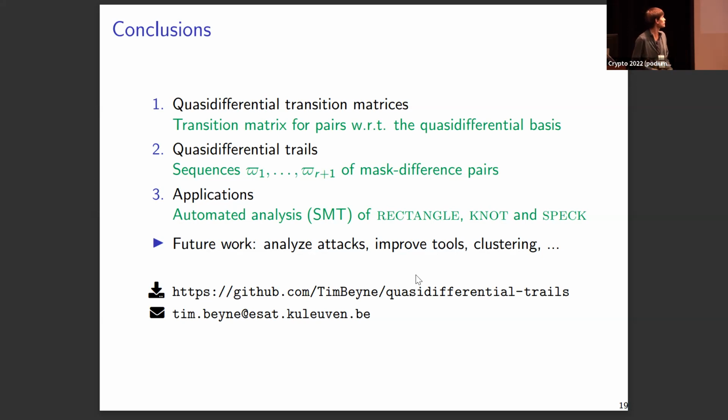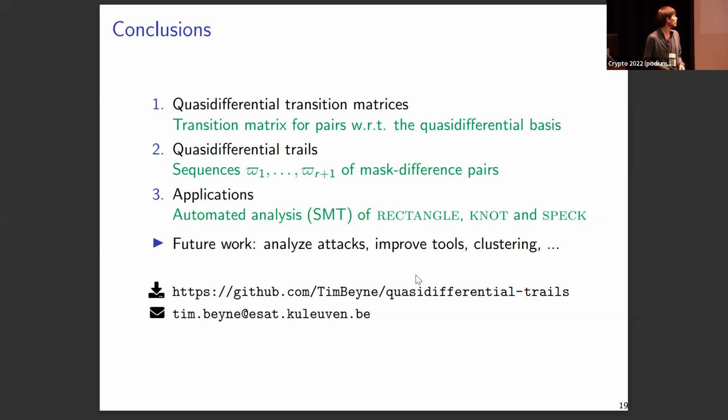But I think there's a lot of future work here. One thing is that you can take any attack and try to take into account these additional trails and see if the key has a significant effect. My expectation is that in many cases, that will be a very significant effect.